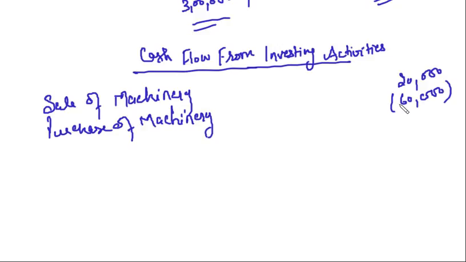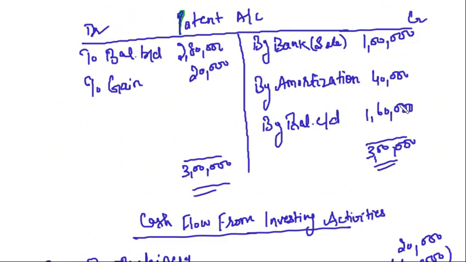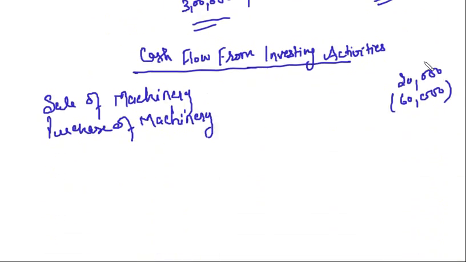Right? Then we have patents. For the patents, this figure is the relevant figure because we have nothing to do with gain, we have nothing to do with amortization. This gain and amortization we will take while calculating operating activities. Here the relevant figure is the sale of patents for 1 lakh rupees.